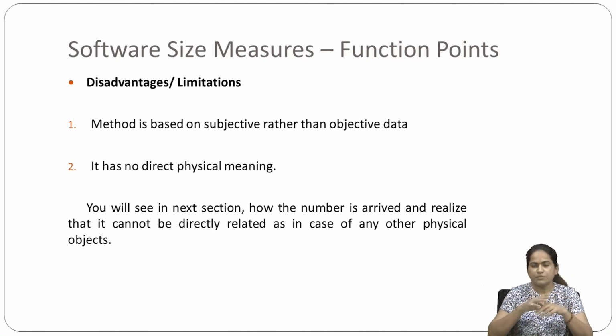The FP which we are using does not have any direct physical meaning in your software. It means it is not directly related in any case to your physical software's requirement. So this is also one limitation of FP.